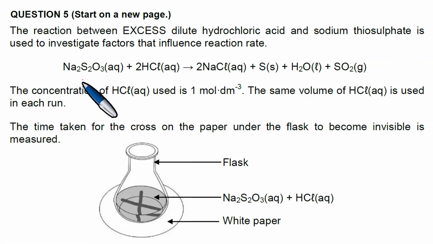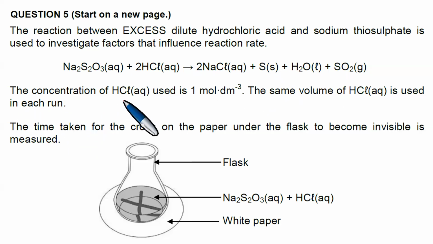Sodium thiosulphate and hydrochloric acid react and yield sodium chloride, sulfur, water, and sulfur dioxide. In aqueous state this is your salt, sulfur is a solid, water is a liquid, and SO2 is a gas.